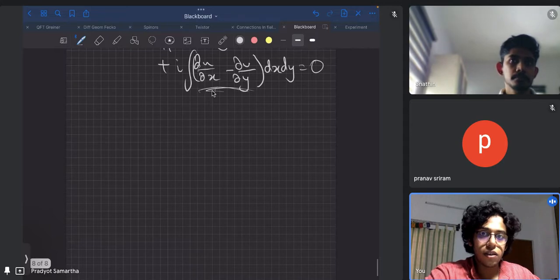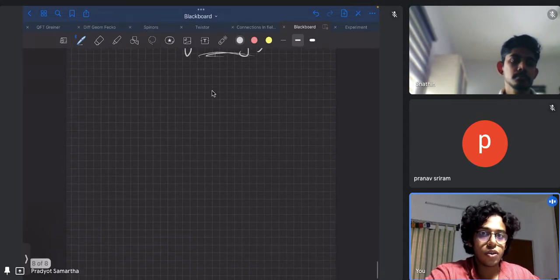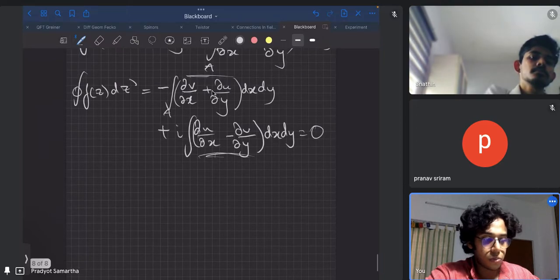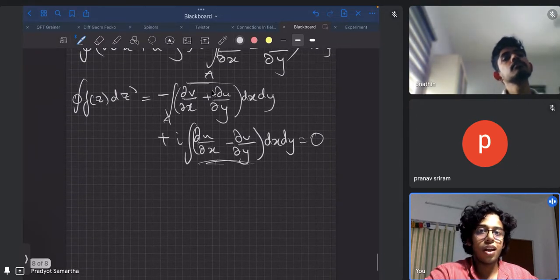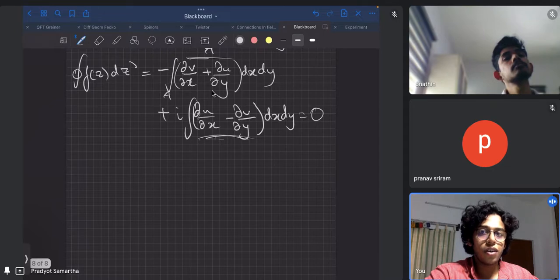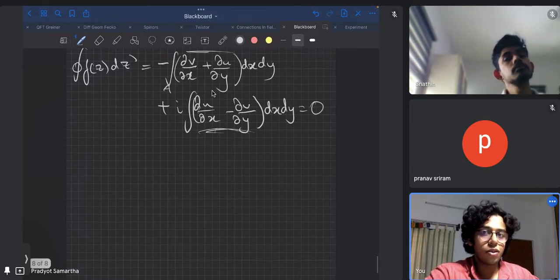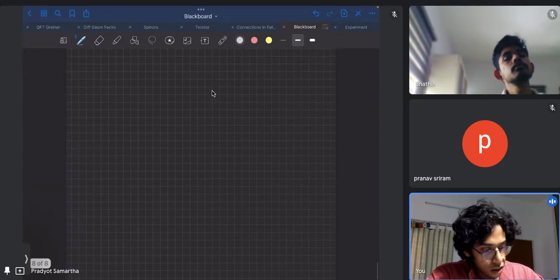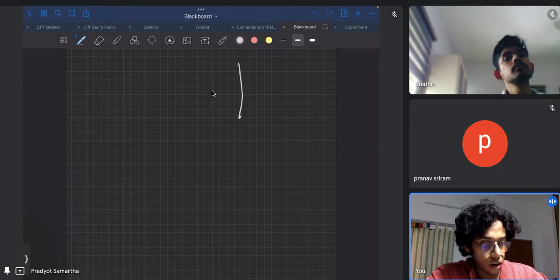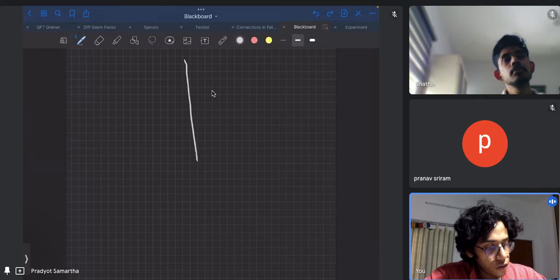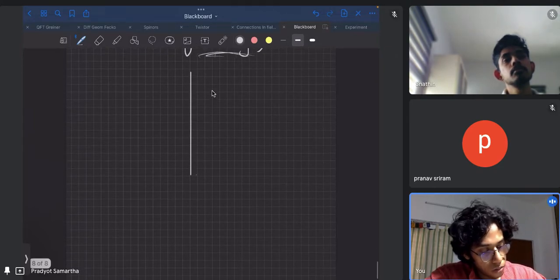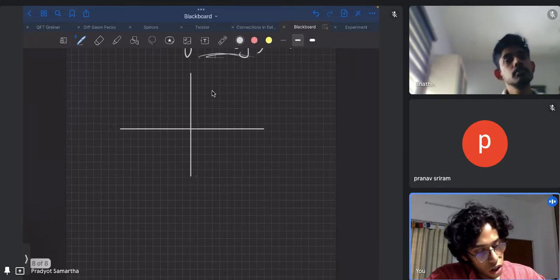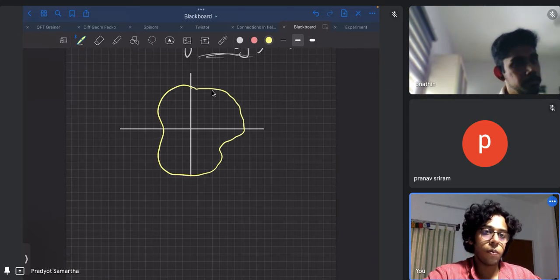So essentially you just have the Cauchy-Riemann expansion. More intuitively speaking, this is the full-blown intuition, and you don't have any mathematics here. You just have some region, a closed loop.